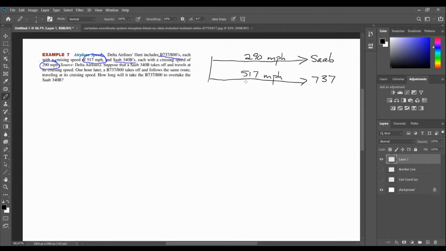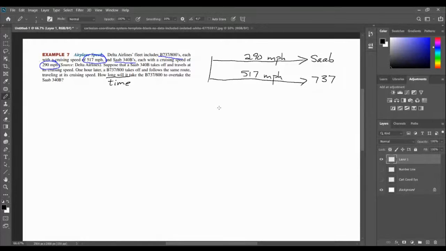And I know that's kind of a wiggly line. Maybe there was a side wind or something. I'll make something up so it doesn't seem so bad. And now we need to figure out how long will it take. So this is talking about time. So we need some sort of relationship between time and the distance and the rate they're traveling.